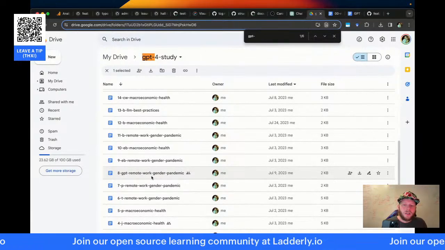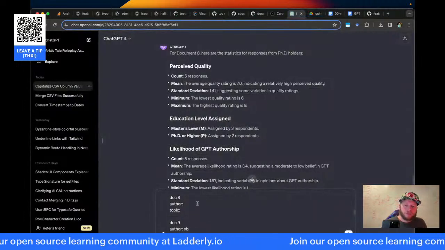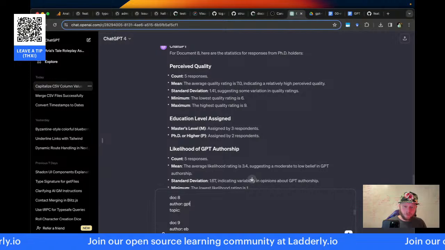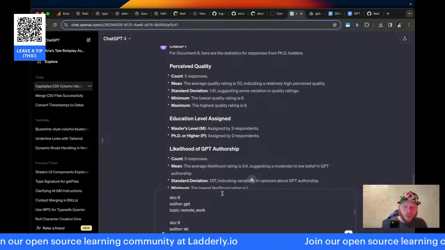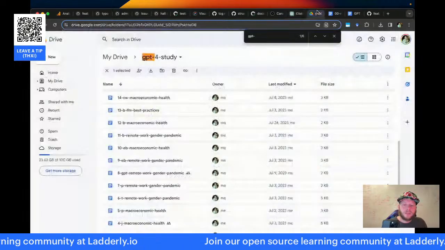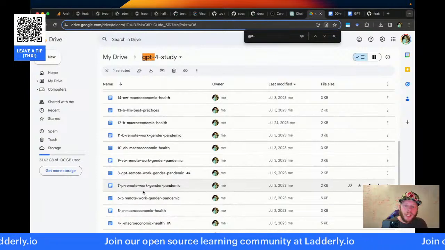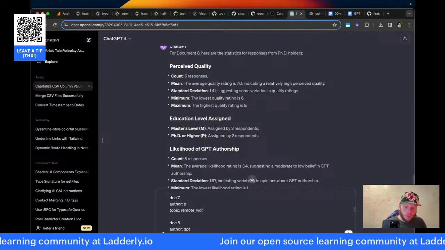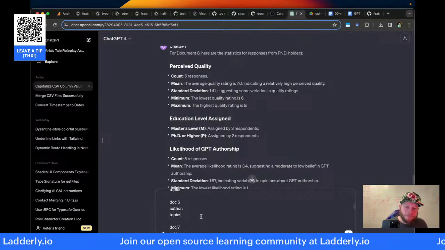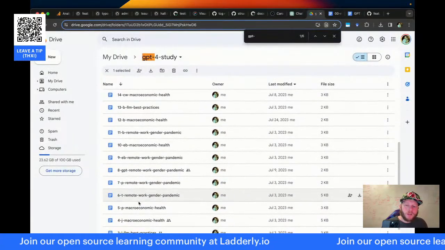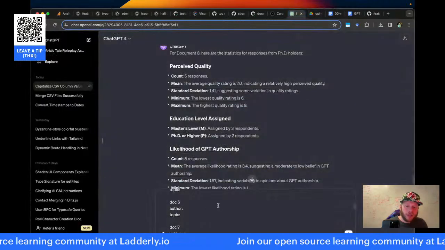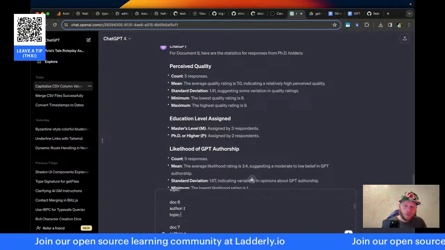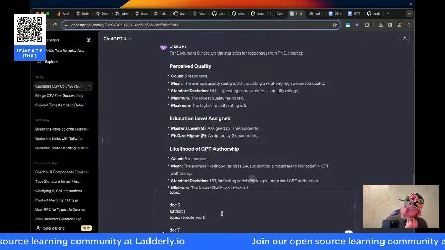GPT, remote work on 8. 7, P, remote work on 7. T, remote work on 6.